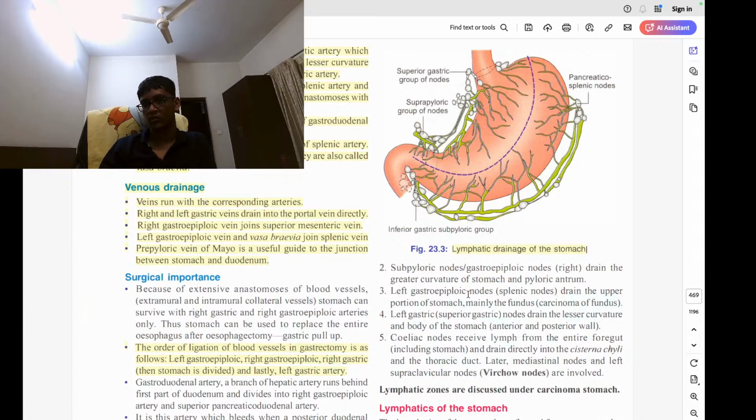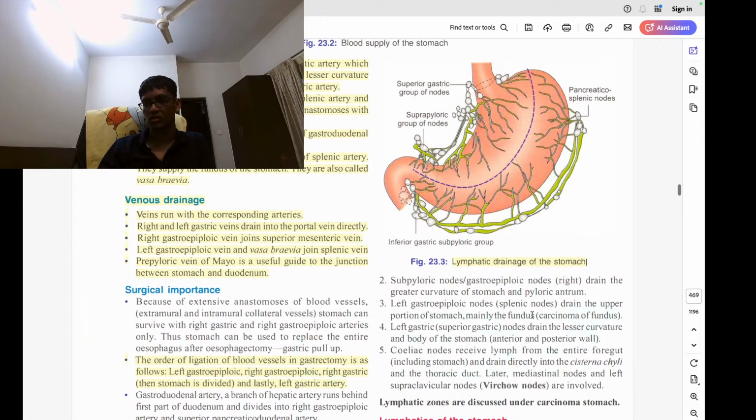Left gastroepiploic nodes and splenic nodes drain the greater curvature. Splenic nodes drain the upper portion of the stomach, mainly the fundus, carcinoma of the fundus. Left gastric superior nodes drain the lesser curvature and body of the stomach. Superior gastric group of nodes.